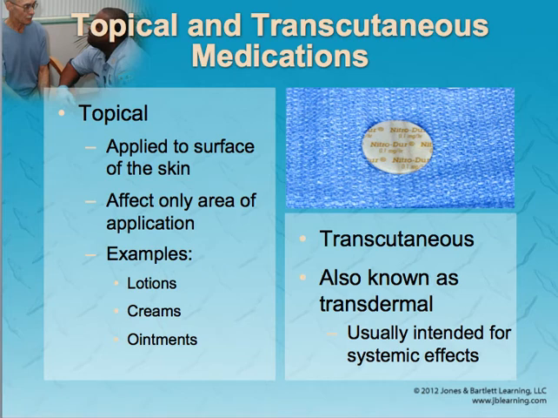Topical and transcutaneous medications are applied to the surface of the skin, and that could be an over-the-counter medication that you could administer, like antibiotic ointment. Or you may end up transporting a patient that has a transcutaneous or topical medication applied to them, in the form of nitroglycerin or fentanyl for pain management.